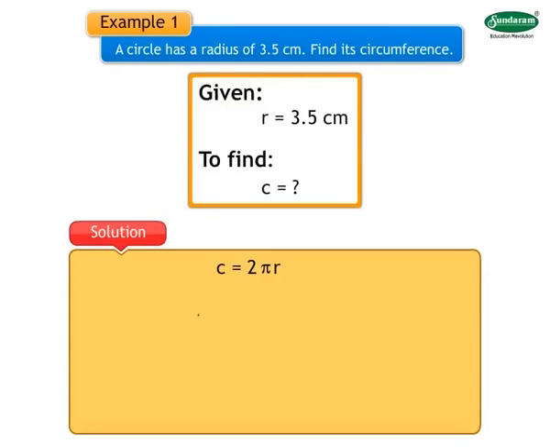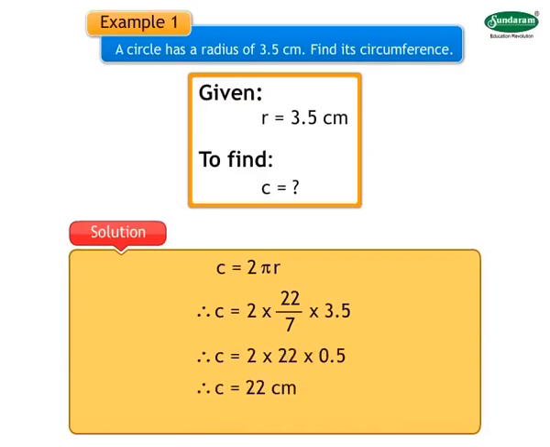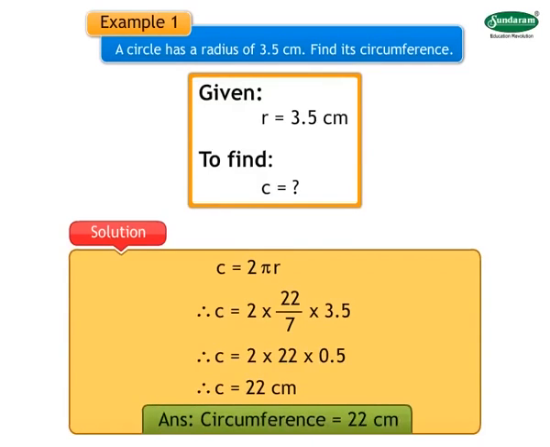We get circumference is equal to 2 into 22 upon 7 into 3.5. That is, circumference is equal to 2 into 22 into 0.5. Circumference is equal to 22 cm. Answer is circumference is equal to 22 cm.